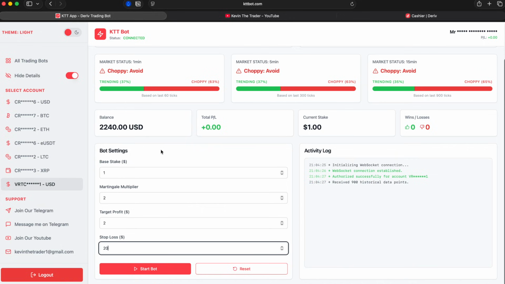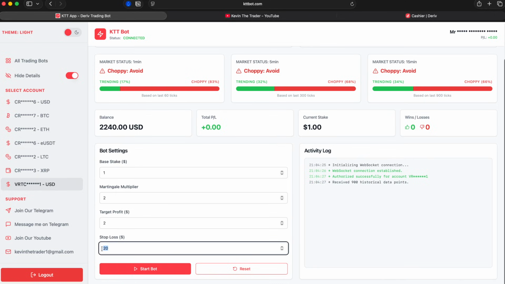Because we said earlier that you only stake what you're willing to lose. For me, maybe I'll have $2,000, but I'm willing to lose $20 from this $2,000, right?